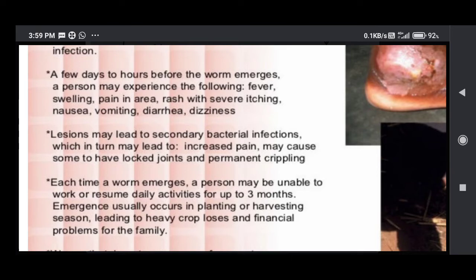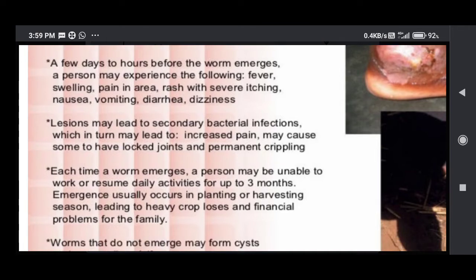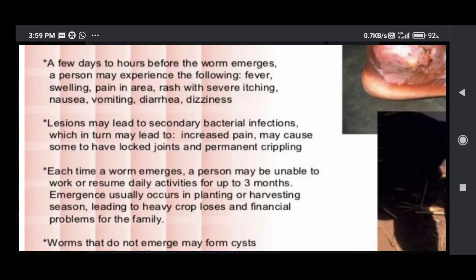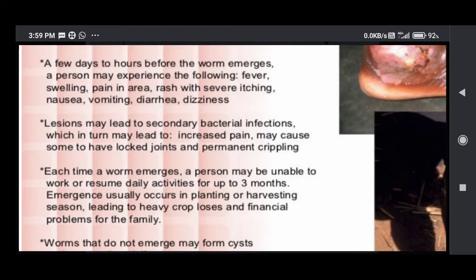Lesions may lead to secondary bacterial infections where the blister is present. Here the secondary infection is caused especially by bacteria. So this also increases pain and causes some joint locking problems. Sometimes whenever the parasite moves to the joints, some joint problems also take place.